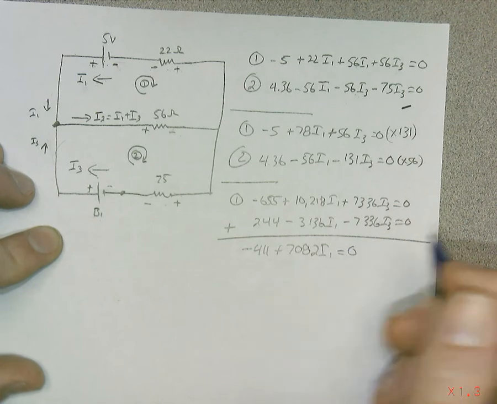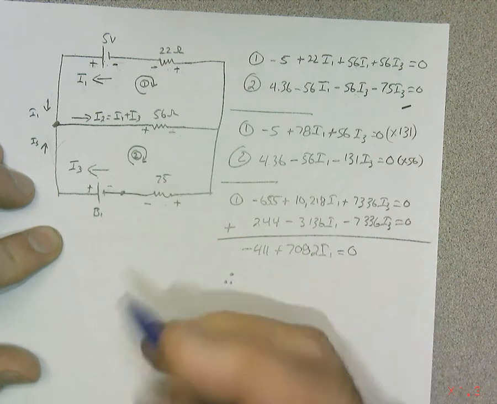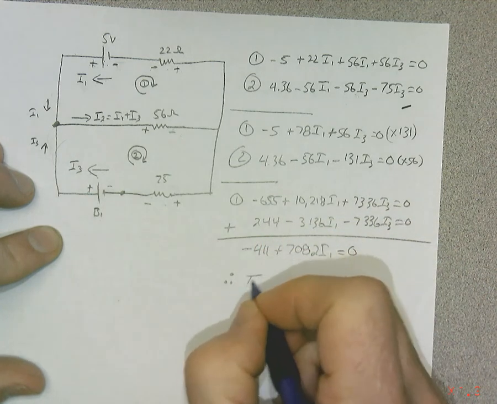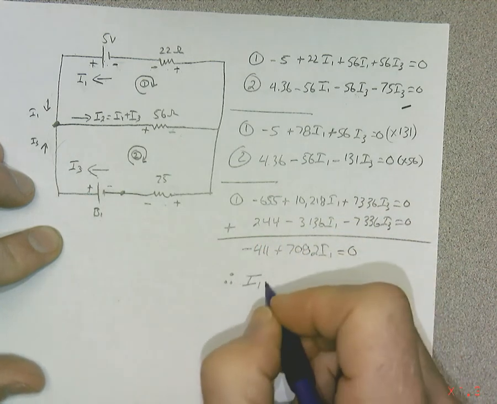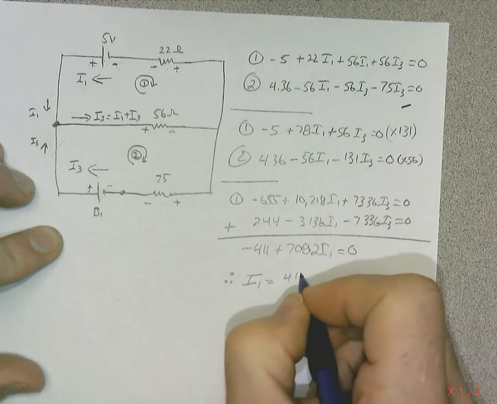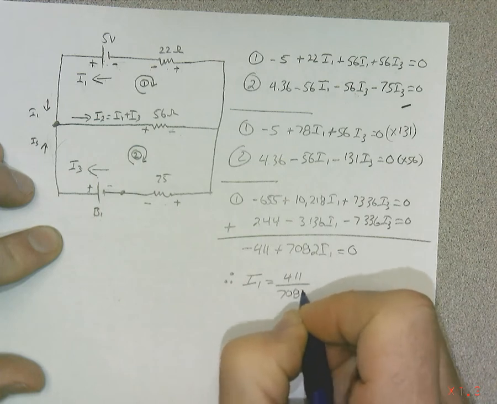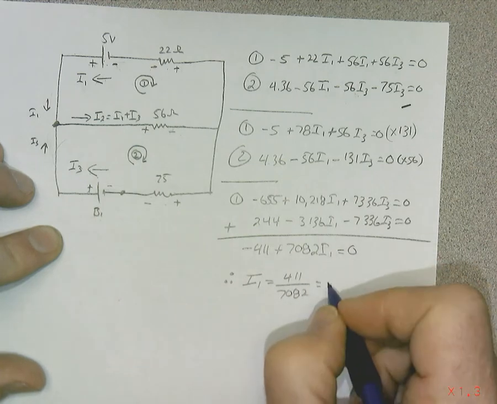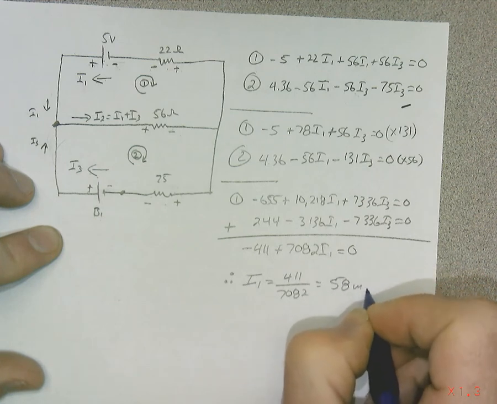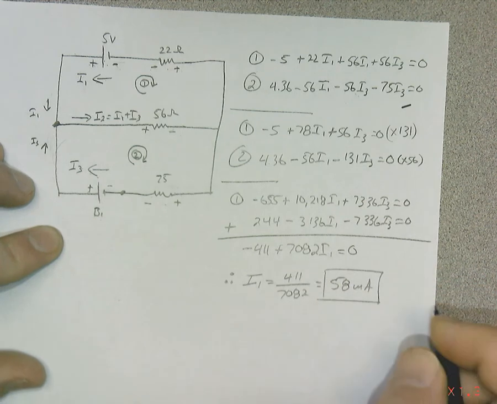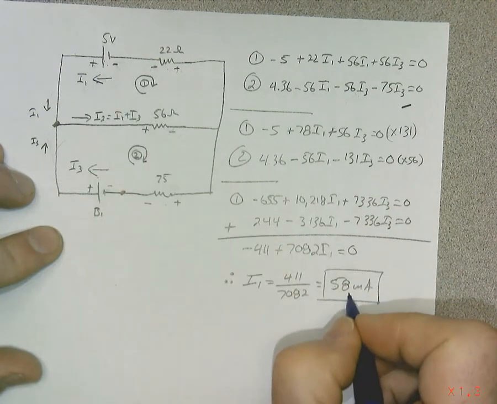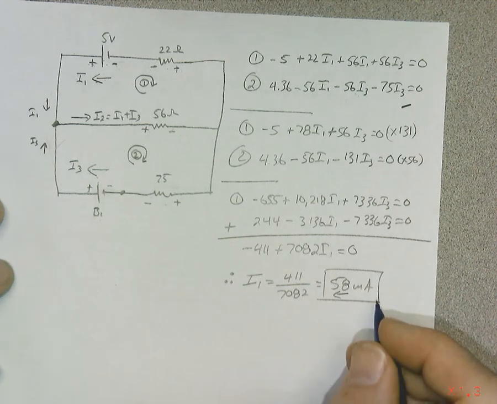There it is. Now, we've done most of the work in this problem. We can say, therefore, I1 equals, if I bring this over to this side, 411 over 7082 is equal to 0.058, which is 58 milliamps. And since it's positive, it means our assumed direction of current is correct. It's to the left.